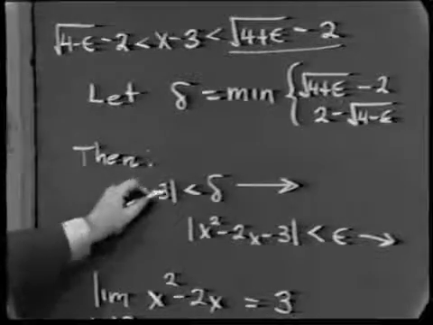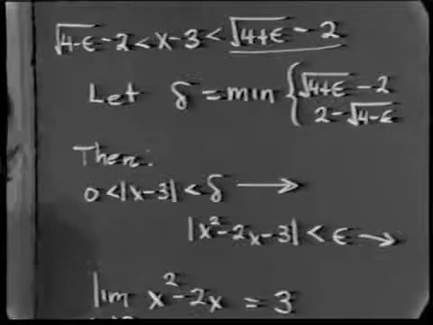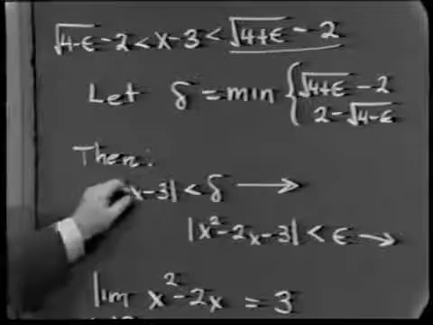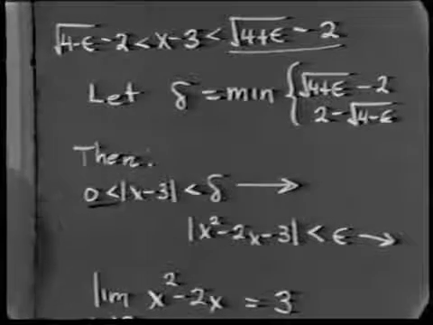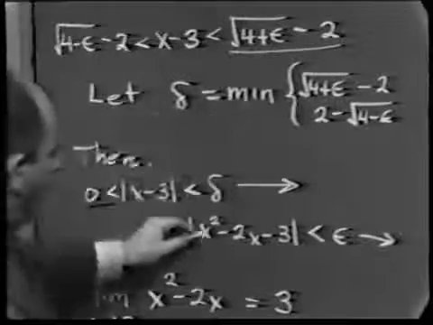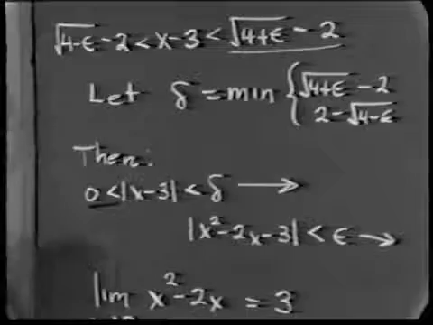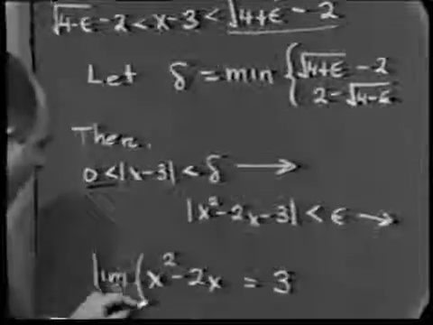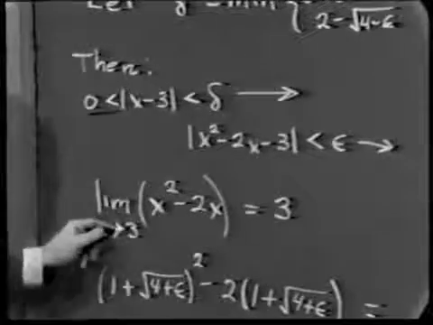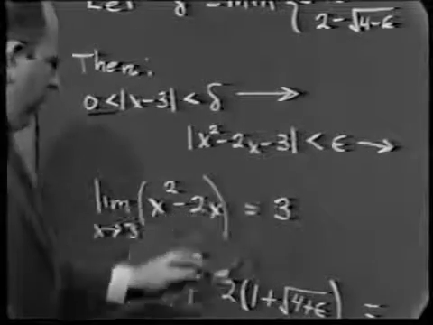That when the absolute value of x minus 3 is less than delta, and at the same time, this is crucial, greater than 0, in other words we never let x equal 3, for this choice of delta, by how we work backwards, this will come out to be less than epsilon. And that is exactly what we mean by our formal definition of saying that the limit of x squared minus 2x as x approaches 3, in this case, equals 3.